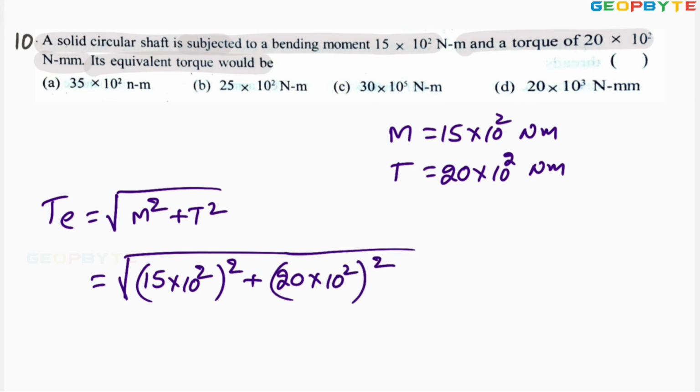Simplify this value for getting around 25 into 10 raised to 2 Newton meter. That is the equivalent torque. Look at the option B. Option B is absolutely correct. I hope you understood. Let us go for the next problem.